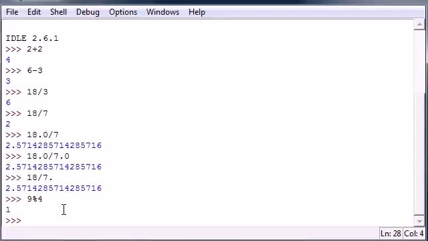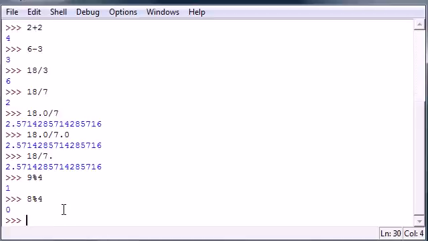So what if you got the modulus of something like 8 divided by 4? What's the remainder of that? It's 0. So whenever you press enter, voila, it gives you 0. Who would have thought? You can even do one extra thing I just want to tell you about. You can even get a modulus of a float, like there, that'll give you a remainder. 8.75, what's the remainder when you divide it by 0.5?